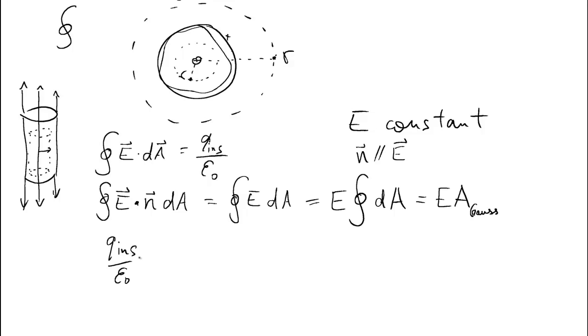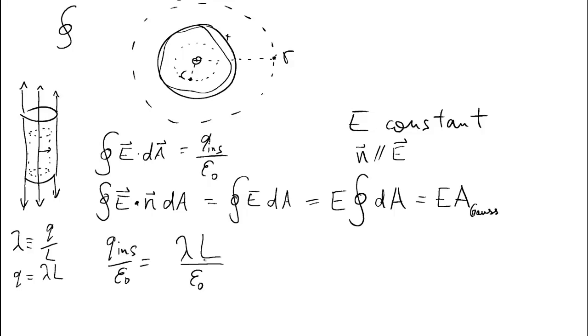But what we can do is use a linear charge density and refer back to its definition, which is that the linear charge density is defined as Q divided by L. Rearrange the equation and we get Q is equal to lambda L. So this equation then turns into lambda L divided by epsilon 0. To get the total charge inside, that L will still have to be infinite, which may seem like a problem, but that problem is going to go away in a second.